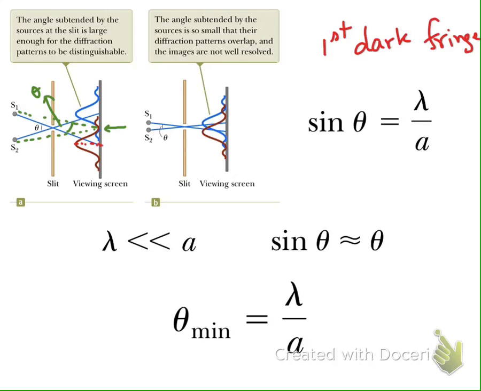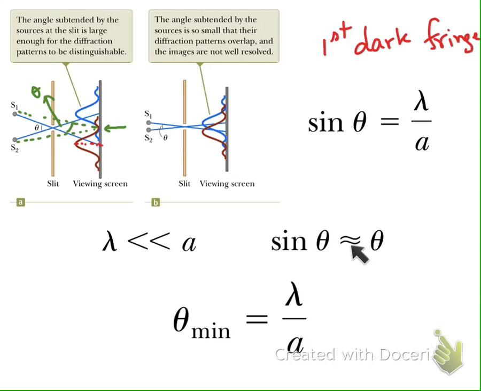If we assume that this angle is quite small, or that lambda is much less than a, then you can see that this number is very small, right? When this number is very small, it means that sin theta is very small, and we can approximately say that sin theta is about theta.